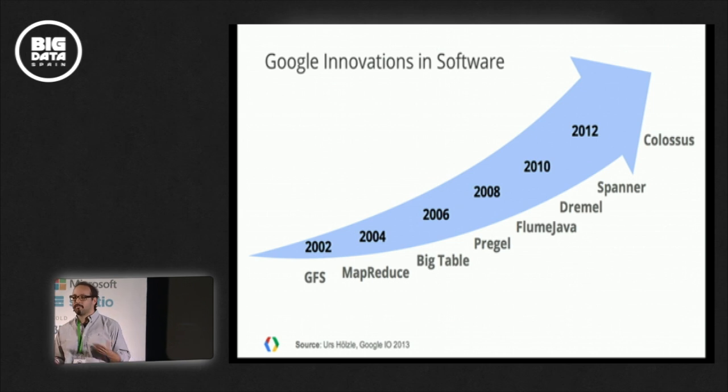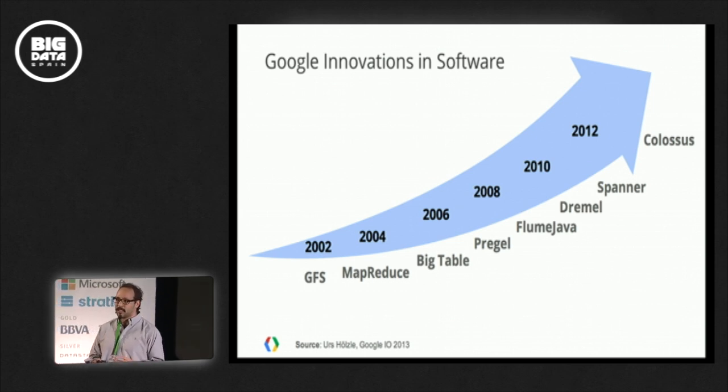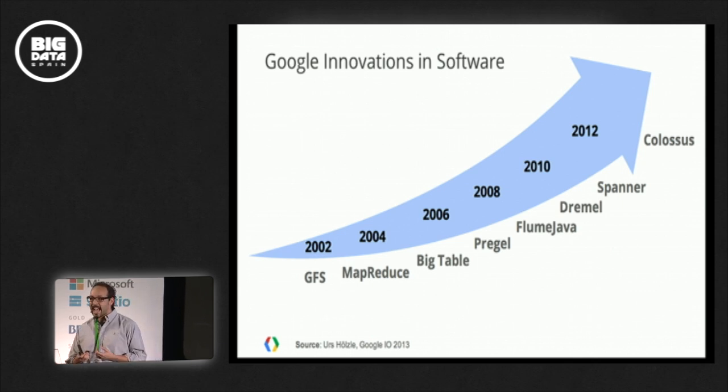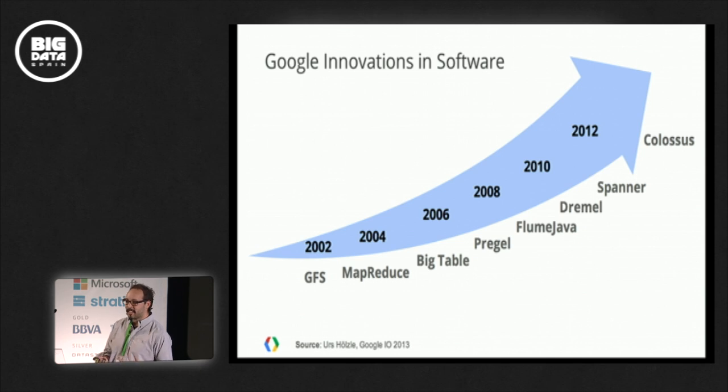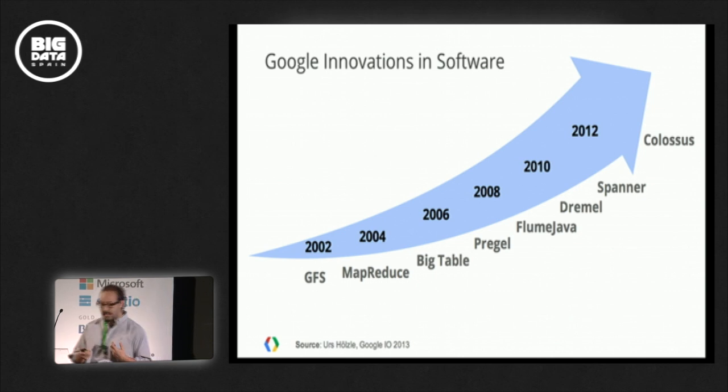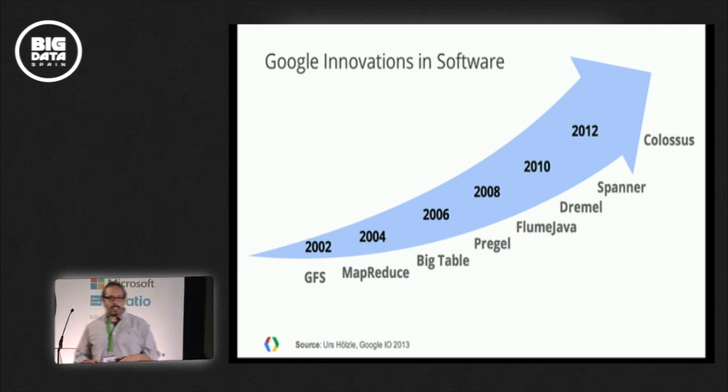When Google started 15 years ago, none of this big data software was available, and most of this technology needed to be invented at the time. I'm very proud to say that it was people at Google that created all these technologies. You might recognize MapReduce.